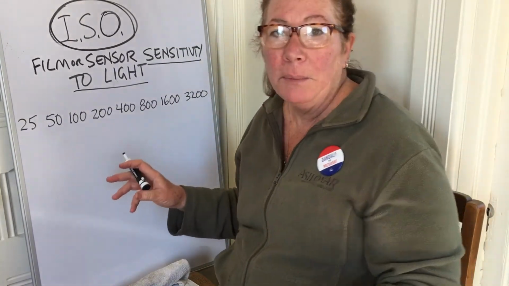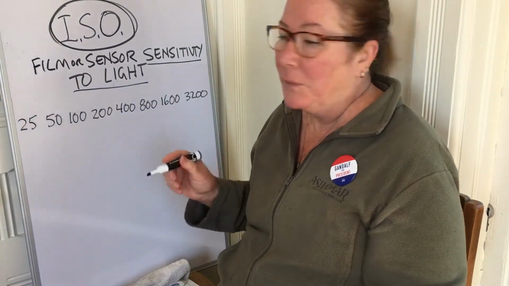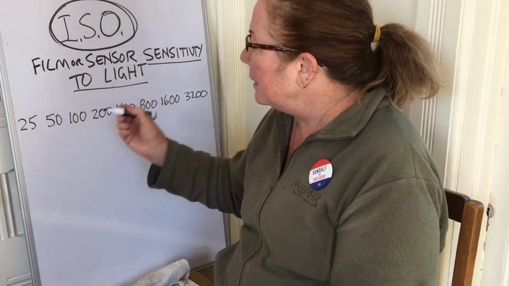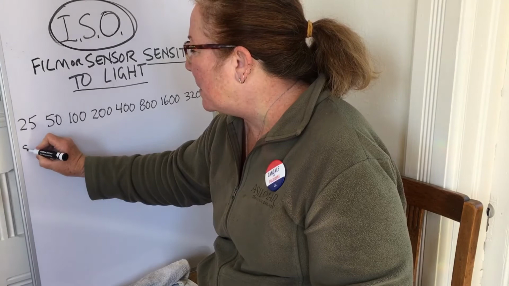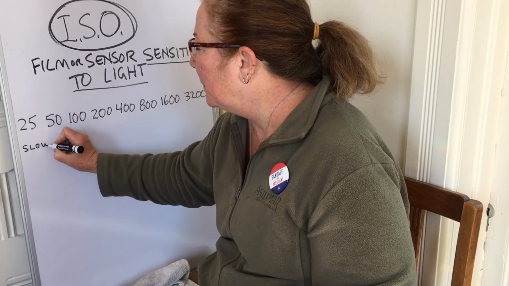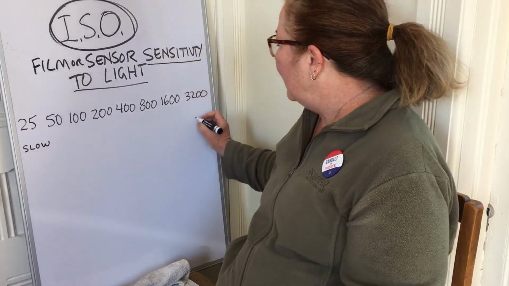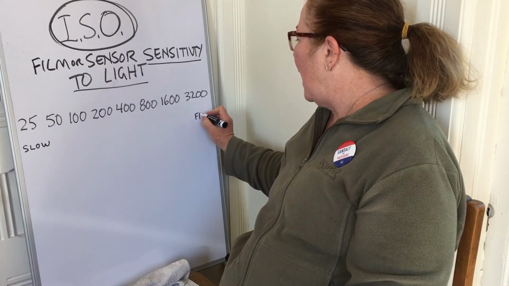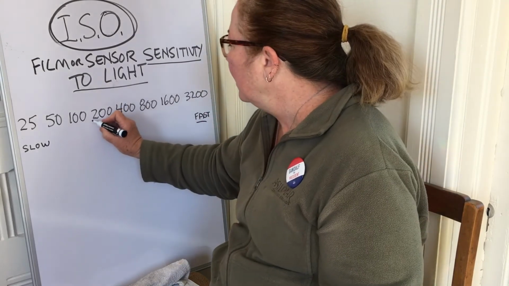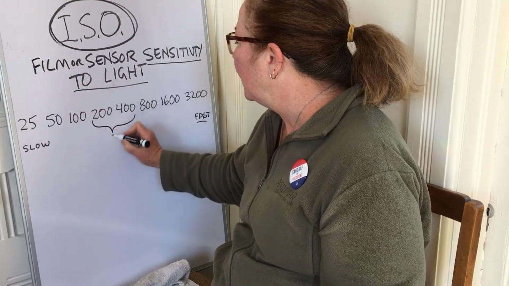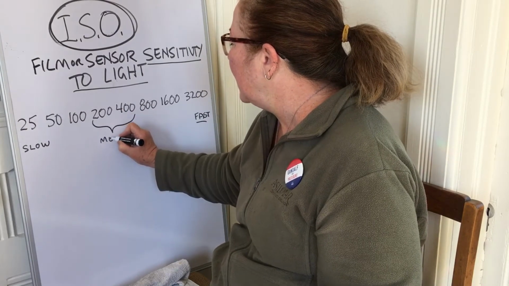And those numbers represent how sensitive your film is to light, okay? This over here, we would call slow film, right? And this would be considered fast film. Right here, 200 to 400, we would consider medium.